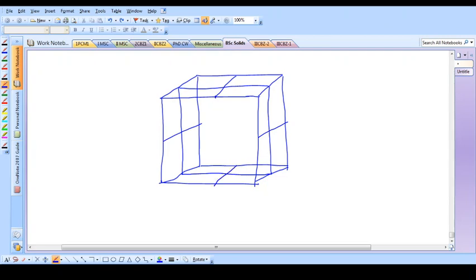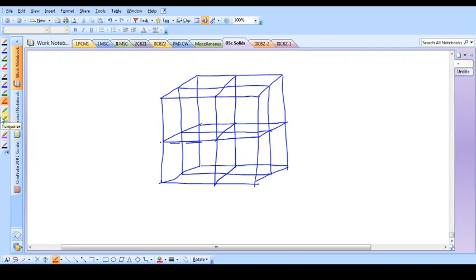Now the front face is also divided into 4 squares. The back face is also divided into 4 squares, and an additional square that is formed at the center should also be divided into 4 squares. So altogether a single large cube is divided into 8 cubes.